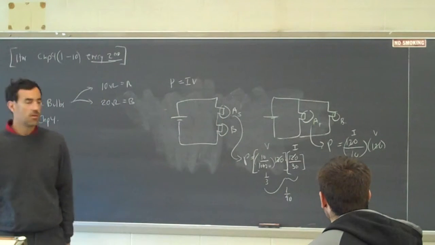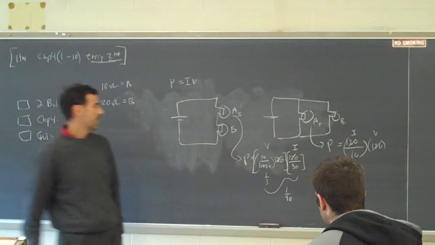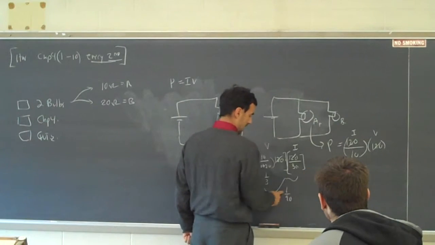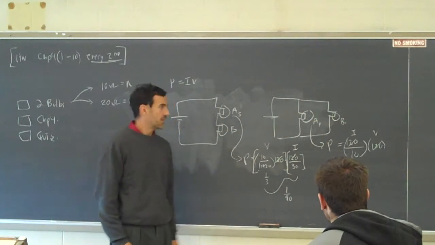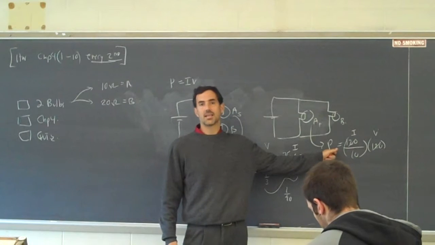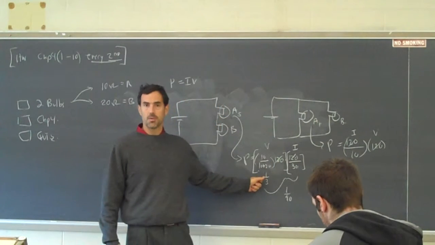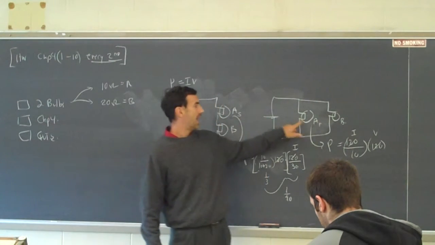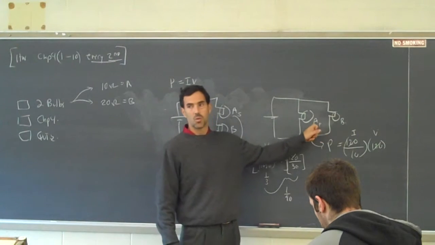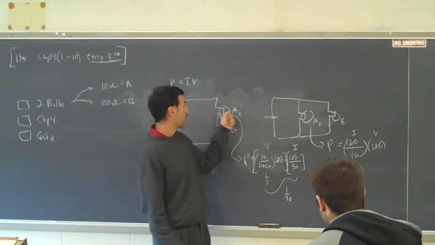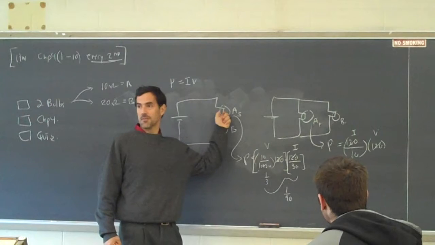Okay? So it looks like this is divided by 10, that's divided by 90. So this bulb would be 9 times brighter than that bulb. So bulb A connected in parallel would be 9 times brighter than bulb A connected in series.